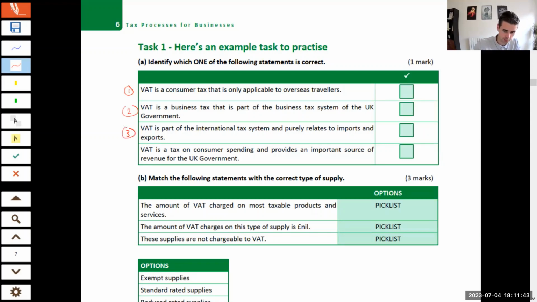Number 3: VAT is part of the international tax system and purely relates to imports and exports.